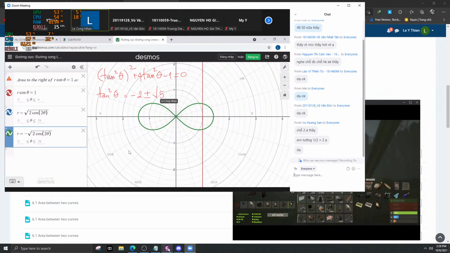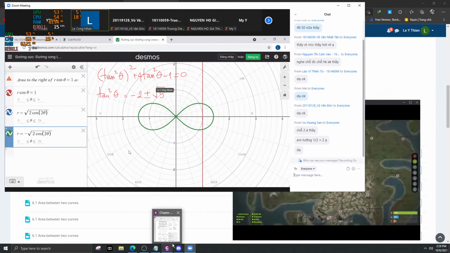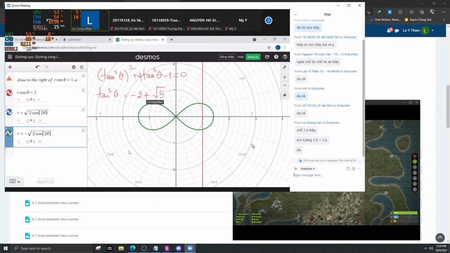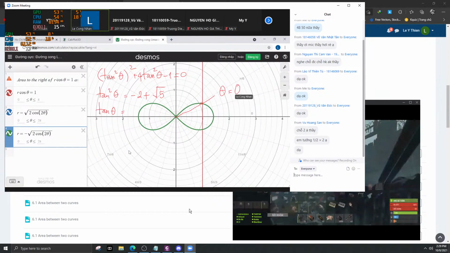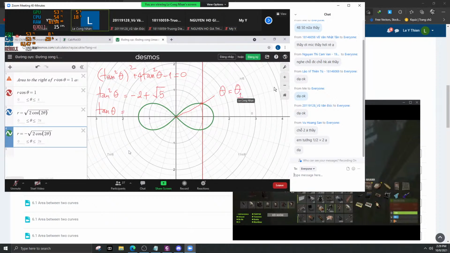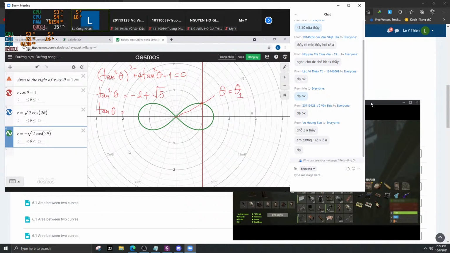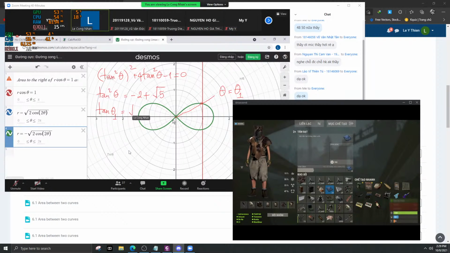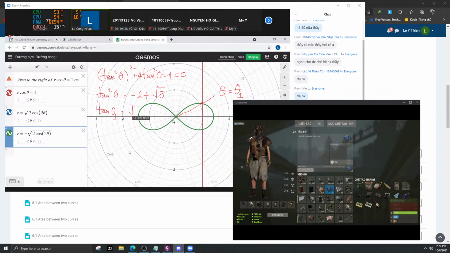We reject the negative value and take the positive value, that is -2 plus the square root of 5. Therefore the tangent of theta equals plus or minus that, but I take this value theta equals theta 1, for example. Then the tangent of theta 1 equals the square root of (-2 plus the square root of 5).